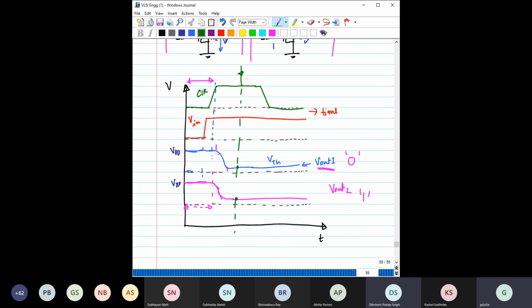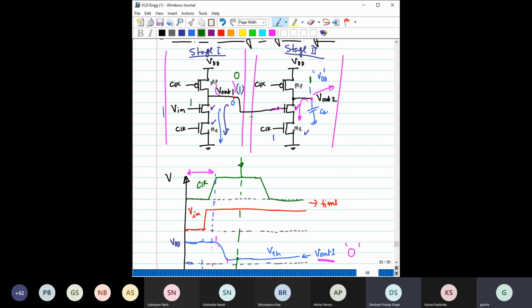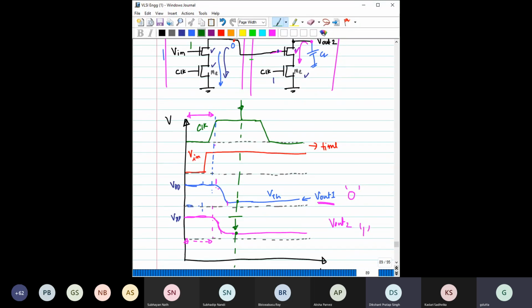But see what is happening during steady state: the voltage that we are getting is much lower than VDD. This is the dynamic logic, so once this output node has discharged, there is no connection between VDD and CL during the evaluation phase. The next connection happens during pre-charge, so there is no other way to charge it again.